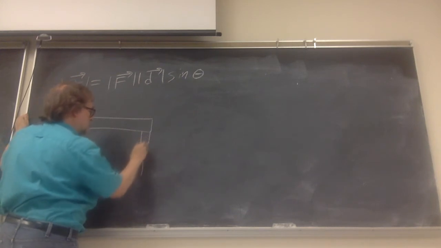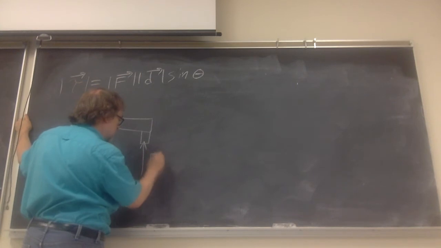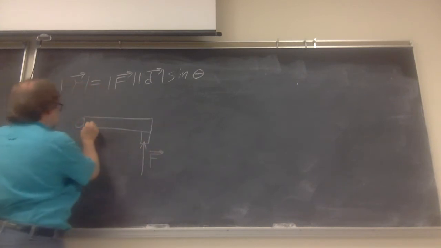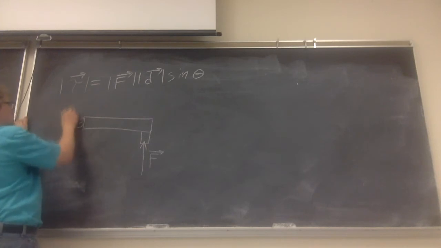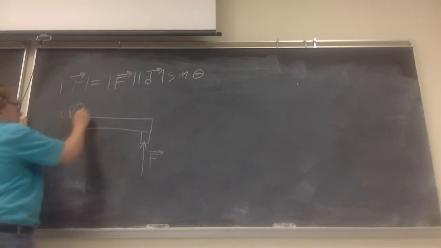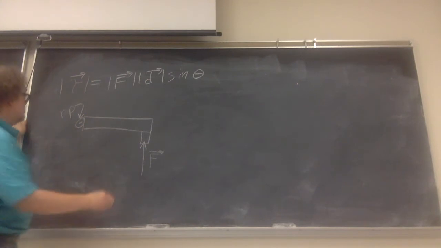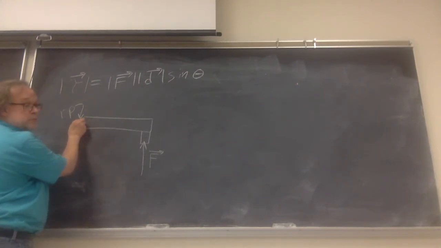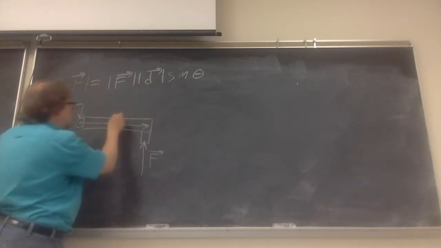I push perpendicular to the door and I push right at the doorknob. So my displacement vector always goes from my reference point, and like I said, I'm choosing the reference point to be where the actual axis of rotation is, and the displacement vector always moves from the reference point to wherever the force is applied.